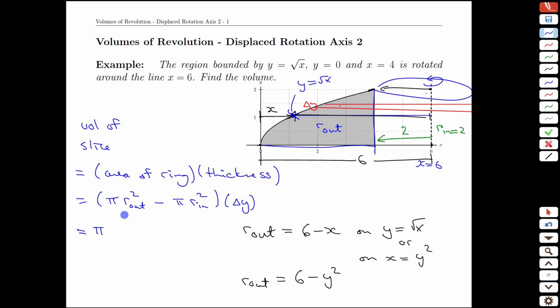We have pi, outer radius, 6 minus y squared, and the radius is then squared, minus pi times the inner radius, and that was always 2, squared, and times the thickness, delta y. That is the volume of a slice. On the next page, we'll turn that into an integral and actually evaluate the integral.